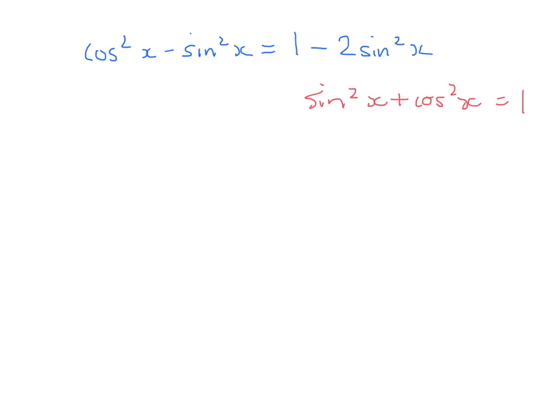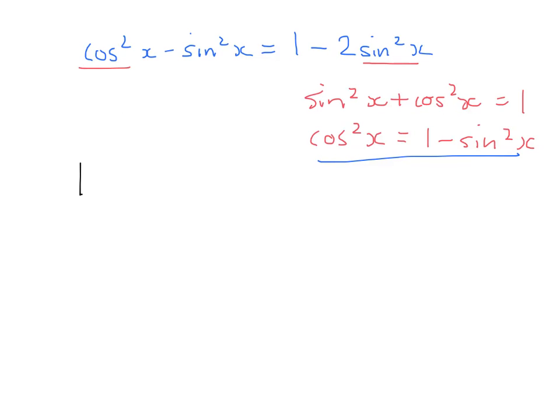We know that cos squared x therefore is going to be equal to 1 minus sine squared x. And it seems like the right thing to do because we only have sine in our right hand side, so we want to get rid of the cos in our left hand side, and this manipulation will help us.